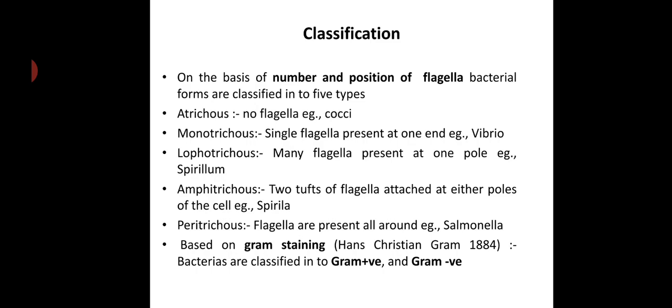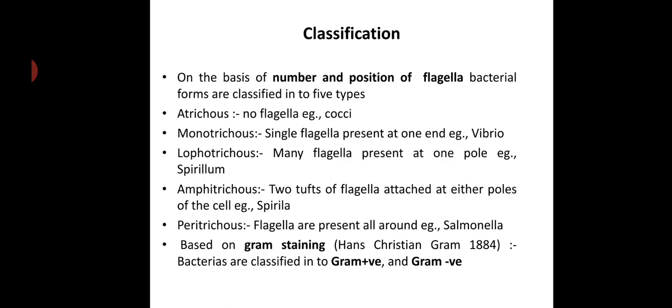Monotrichous. In case of the monotrichous group, there will be a single flagellum present at one end. Example, Vibrio. Third group is Lophotrichous. In this case, many flagella are present at one pole. Example, Spirillum. Fourth group is Amphitrichous.